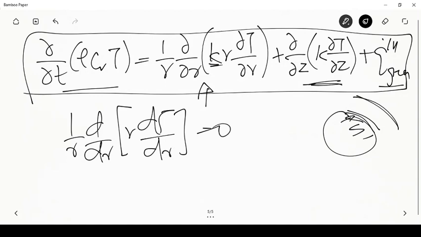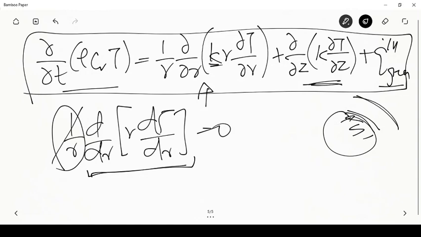And since it's equal to 0, 1 by r would never be equal to 0 because r is finite, so this will also drop out. So you will get only d by dr of r dt by dr equal to 0. That is your governing equation that you will need to solve.